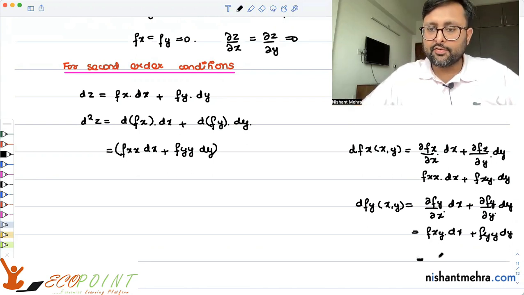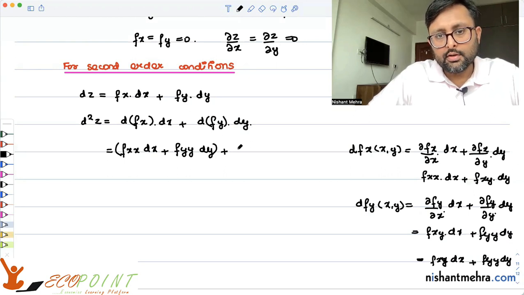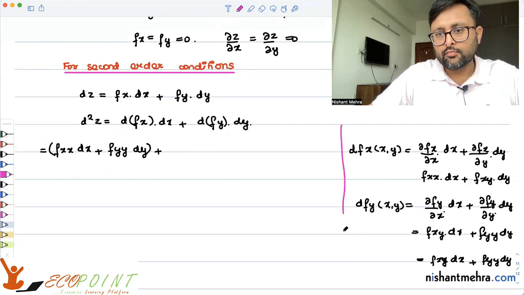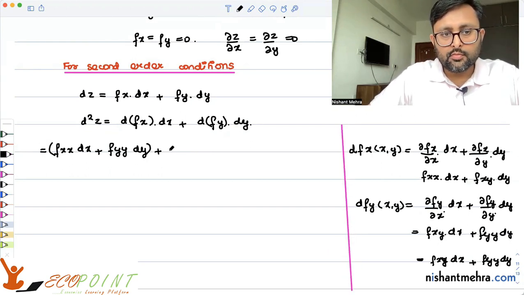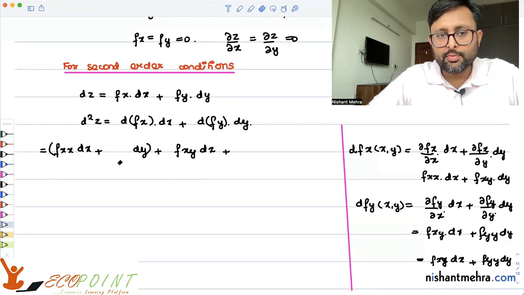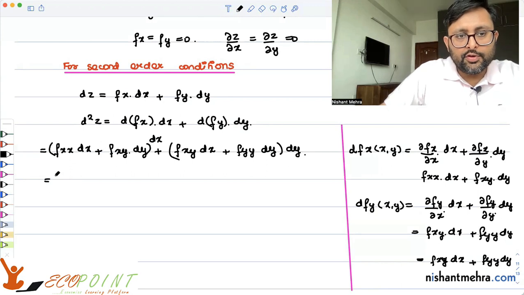But due to Young's theorem, you can write fyx as fxy. So it is fxy dx plus fyy dy, and even here I have written it wrong, it should be fxy dy, and into dx.